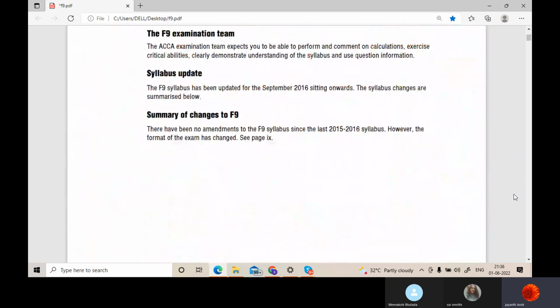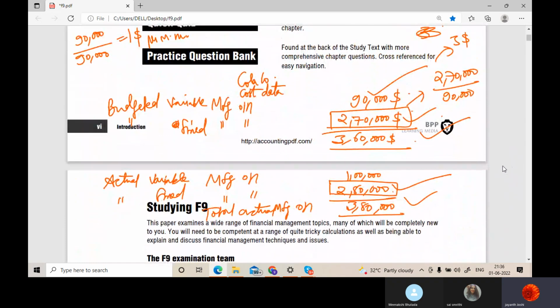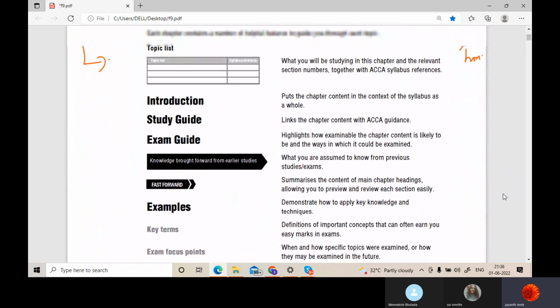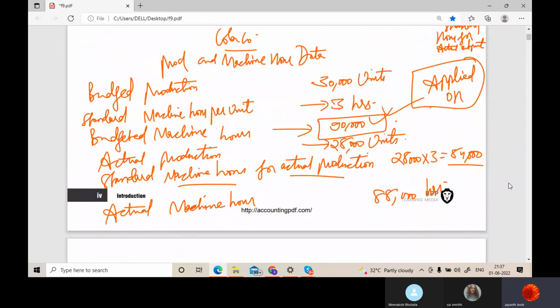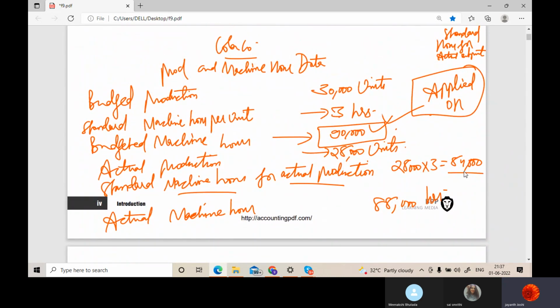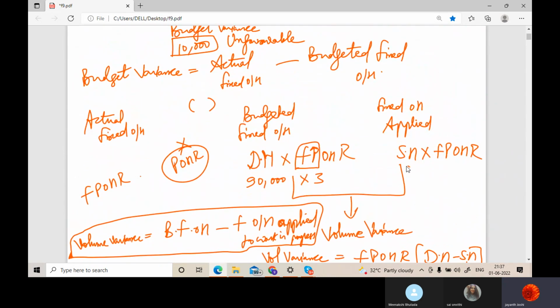It's 84,000, into 3. Now 3 is common, 90,000 minus 84,000. So 3 into 6,000. So your variance is 18,000. Okay, just make a note of this.